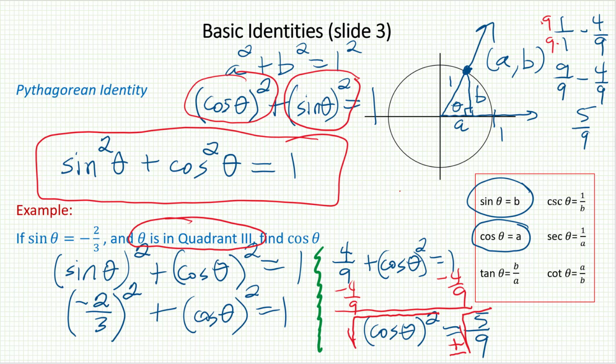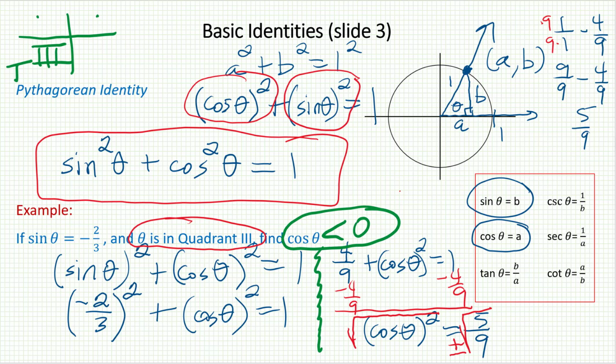Let's see, I'm in quadrant 3. In quadrant 3, all students take calculus. Only tangent is positive in quadrant 3. Therefore, cosine theta must be less than 0. It must be a negative value. So I'm going to choose the negative.